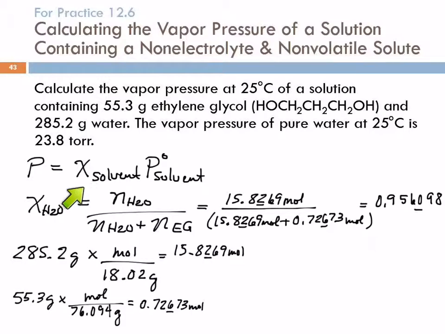So this mole fraction then goes into Raoult's Law, where it's the mole fraction of the solvent, that's what we calculated, times the vapor pressure of the pure solvent. The vapor pressure of the pure solvent is 23.8 torr.